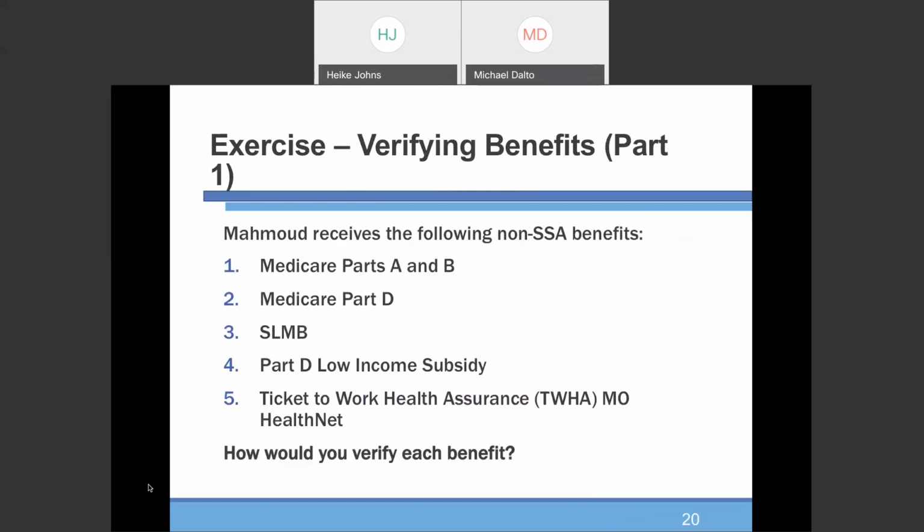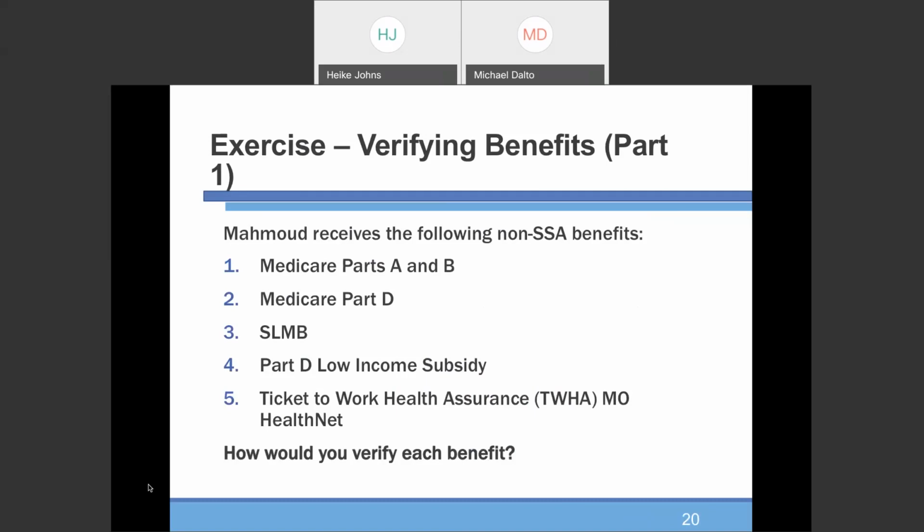This is Mahmoud, who receives the following benefits: Medicare Parts A and B, Medicare Part D, Slim B, Part D low-income subsidy, and Ticket to Work health assurance for his Moe Health Net. What you want to figure out is how would you verify each benefit? And you can use the chart in order to do that.